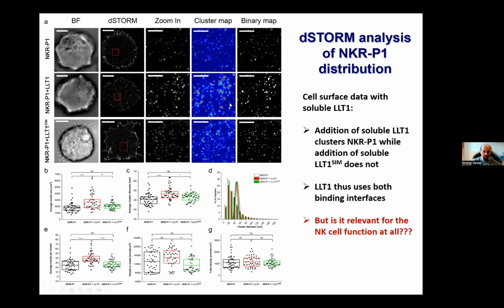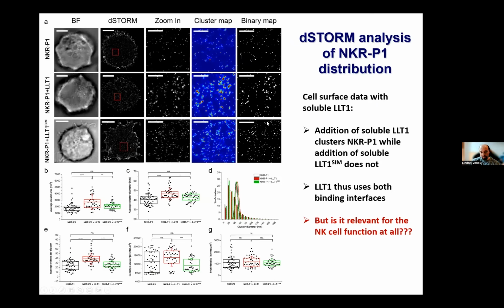So what we have learned from here: we were comparing super resolution microscopy data for NKRP1 alone, meaning cells expressing NKRP1, and then those cells in the presence of LLT1 in high concentration in solution, and it was either wild type LLT1 or the secondary interface mutant.